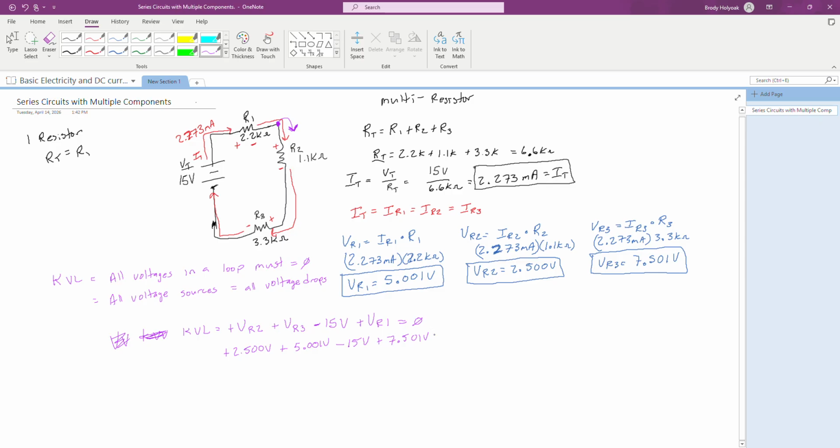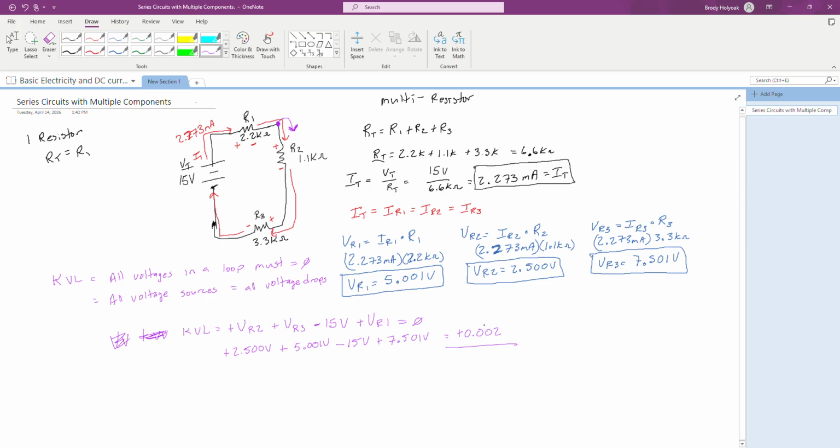So now if I go through and add those all together, I'm actually going to get a number just slightly higher. I get a positive 0.002. So my 2.5 plus 5.001 plus 7.501 gives me a grand total of 15.002, and then I subtract the 15, leaving me with a plus 0.002.